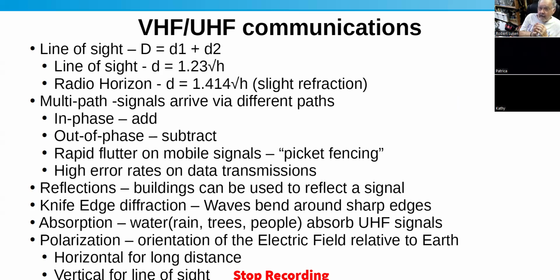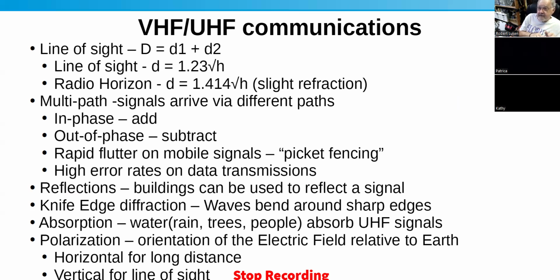And there's a formula for calculating the horizon distance, and it's 1.23 times the square root of the height in feet. So let's say you're a very tall person, and your radio in your hand is at 9 feet above the ground.